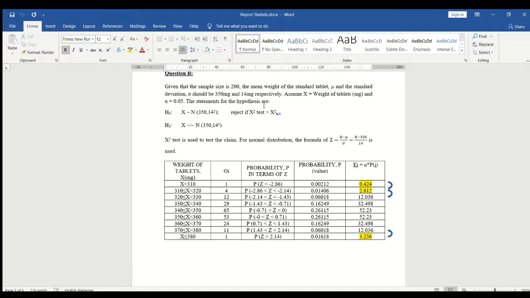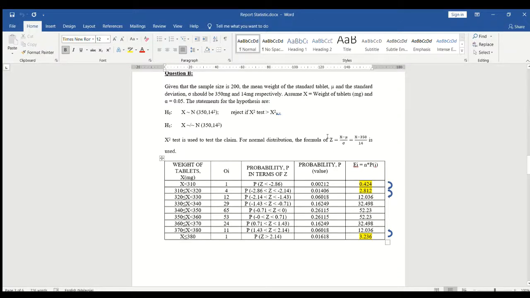So the hypothesis statements are: H naught, X tallies with the given standard deviation and mean, and it is rejected if chi-squared test is more than chi-squared alpha, v. And then the alternative hypothesis, where X does not tally with the mean and standard deviation.